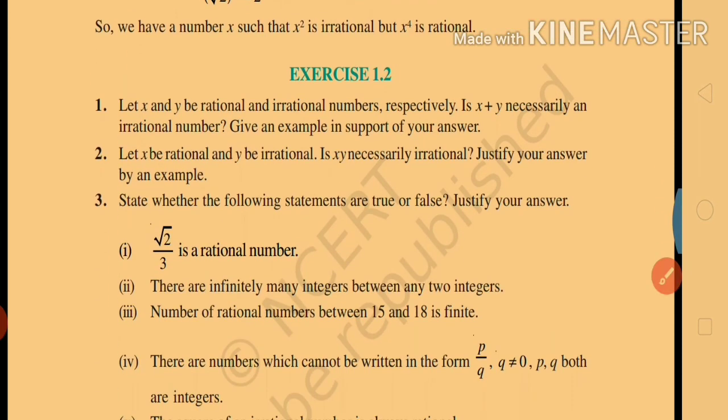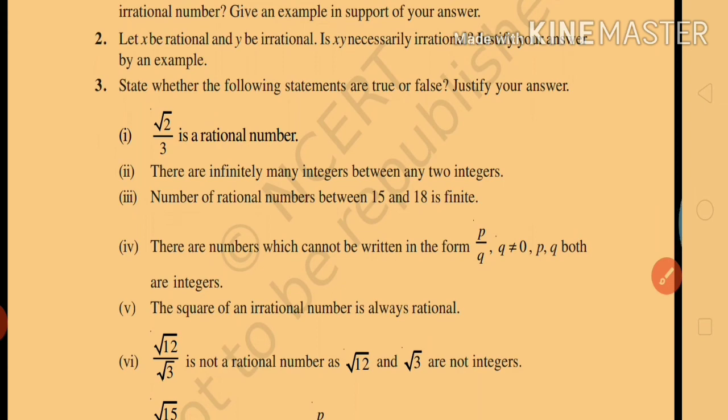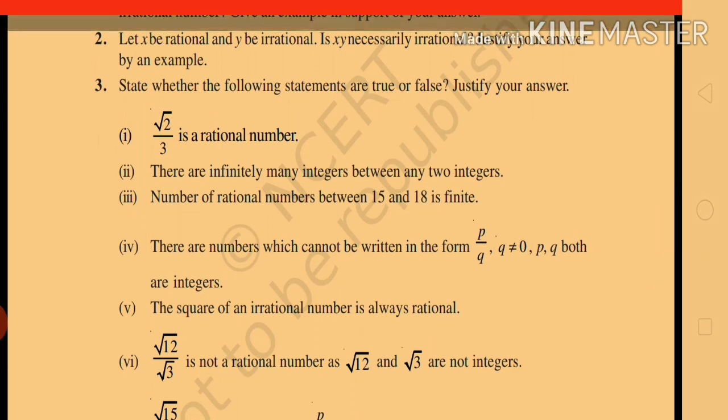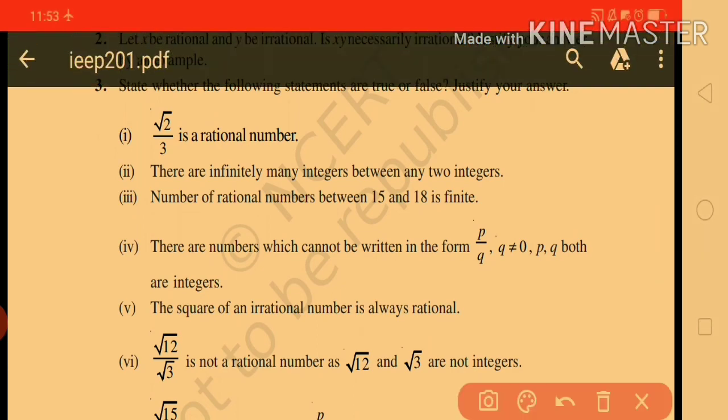So come to question number 3. State whether the following statements are true or false. Justify your answer. See, root 2 by 3 is a rational number. No, it is p by q form, but here root 2 is not an integer. There are infinitely many integers between any two integers. It is wrong, right?